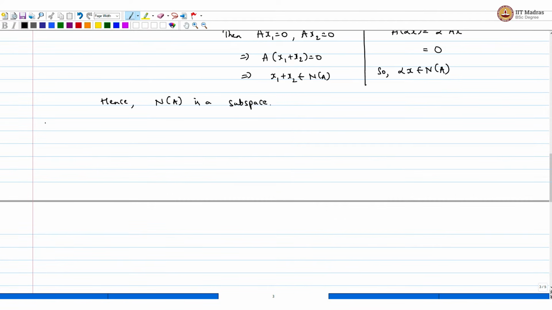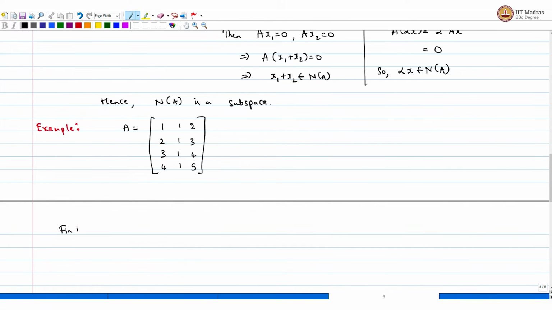Now let's look at an example. For the same matrix A, so recall this matrix, A is as before, which is say 1, 2, 3, 4, 1, 1, 1, and 2, 3, 4, 5. I would encourage you to pause the video at this point and find an x such that Ax equals 0.